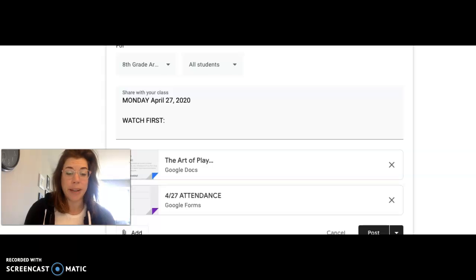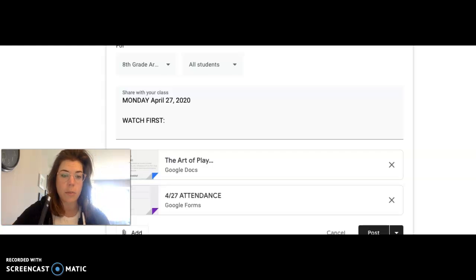I don't really know, but that's all I know right now. May 1st through May 4th, there is no instruction. So don't plan on having things to do from me and your other teachers, although this is new news. So maybe they will figure this one out a little bit after I have. We'll see. But that's what I know.